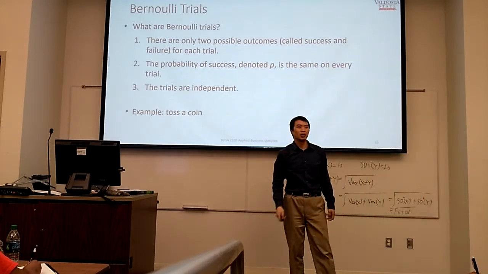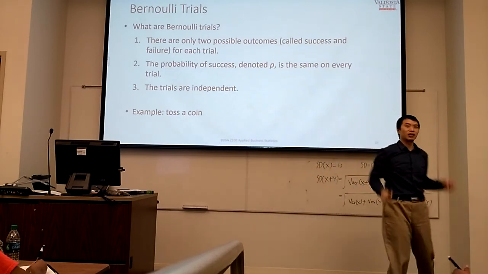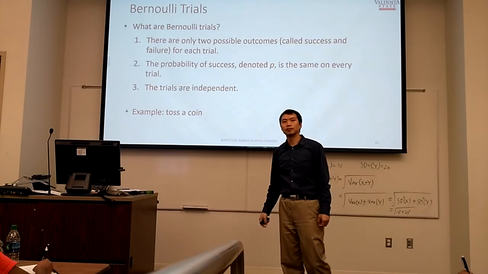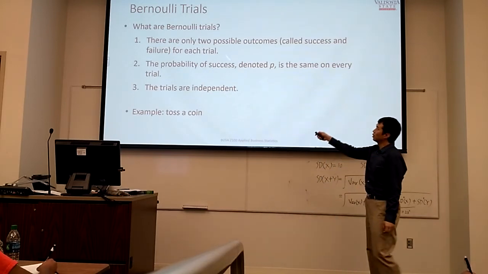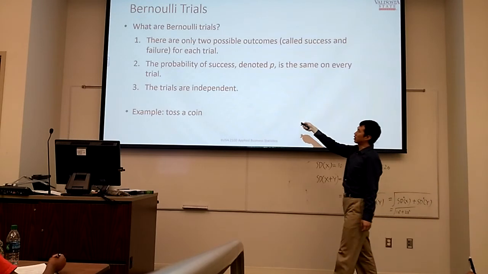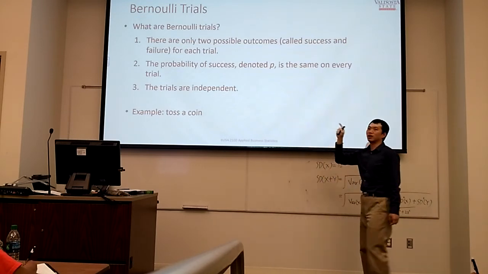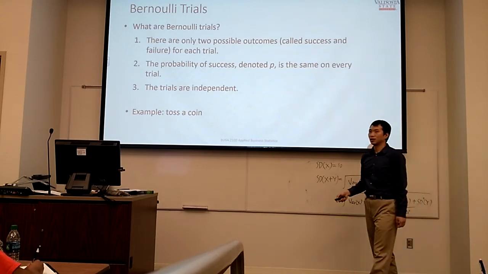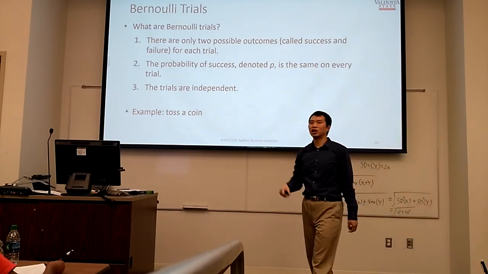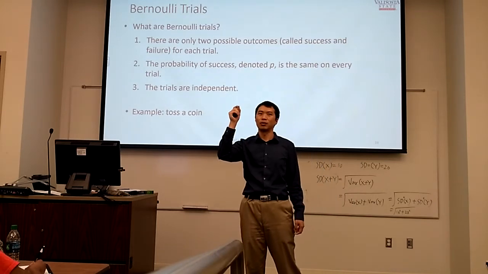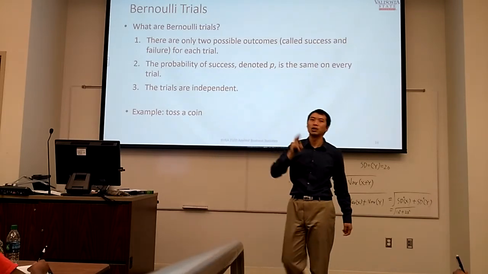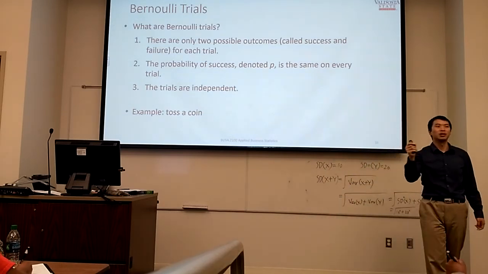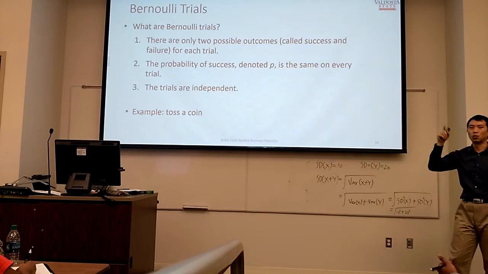The probability of success does not change over time. Correspondingly, the probability of failure is 1 minus p, right? We only have 2 outcomes. So if the probability of success is p, then the probability of failure will be 1 minus p.